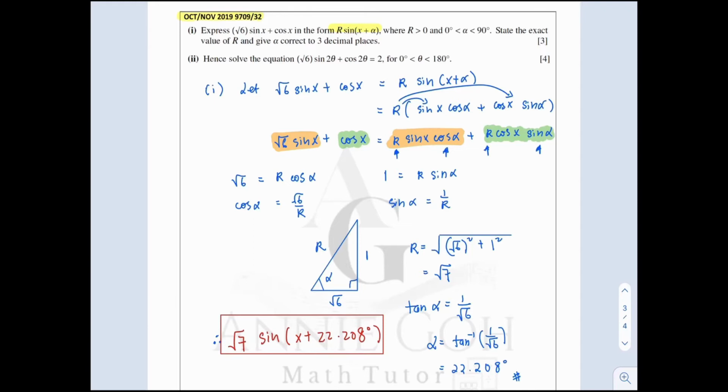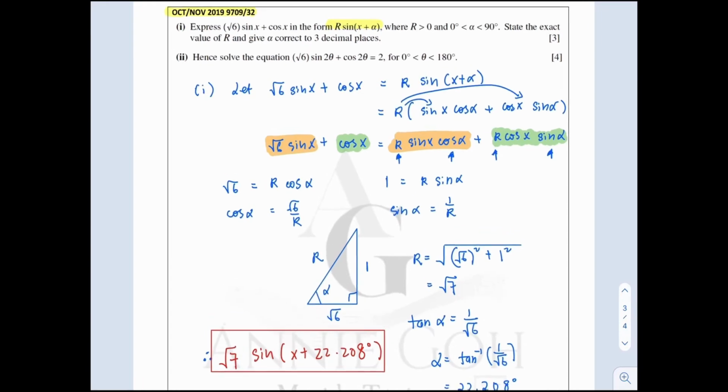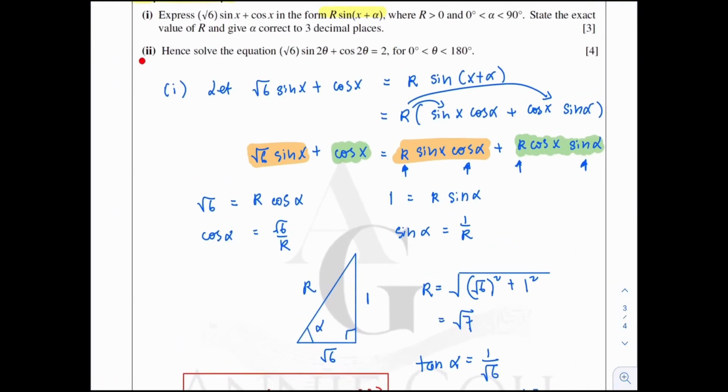As for part 2, have a look at part 2 here. Hence solve the equation. When you look at the word hence, it means it is related to part 1. So you notice that the left hand side of this equation is exactly the same as here. Let me highlight it.